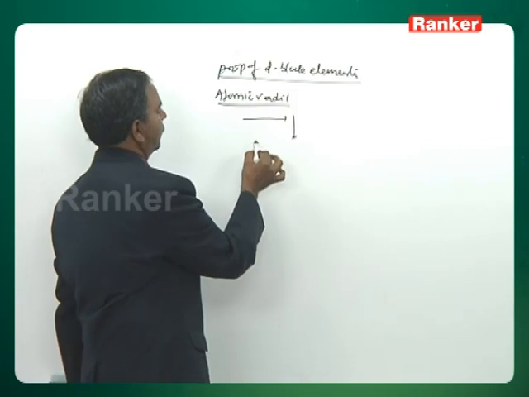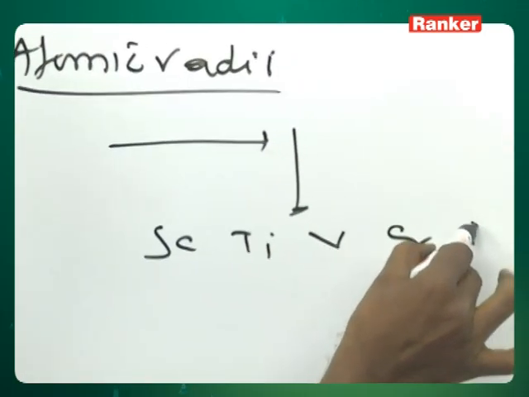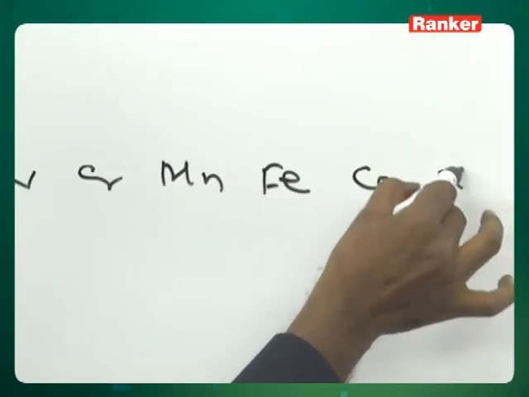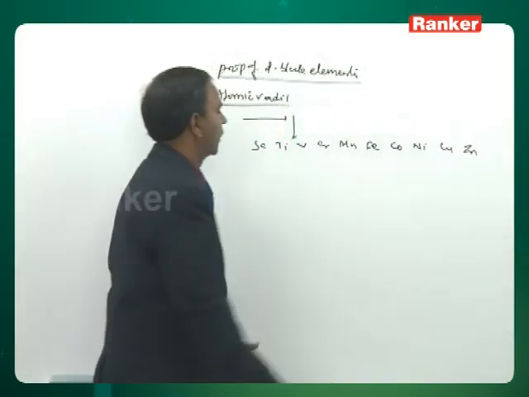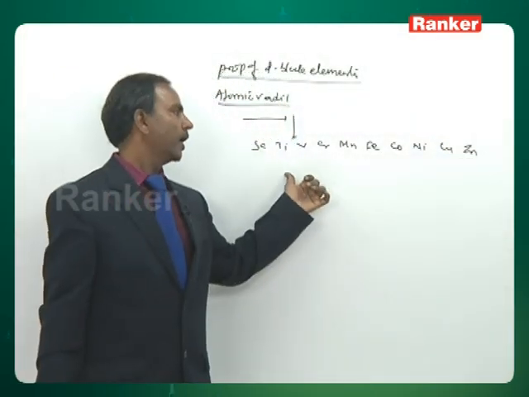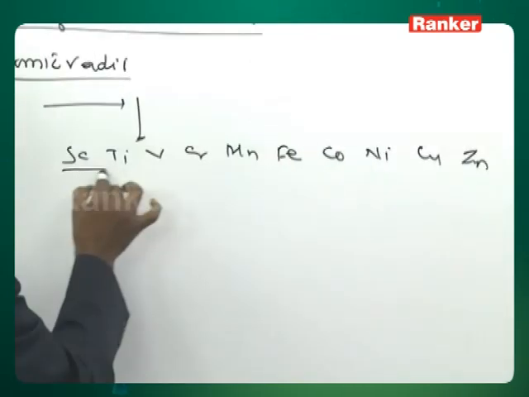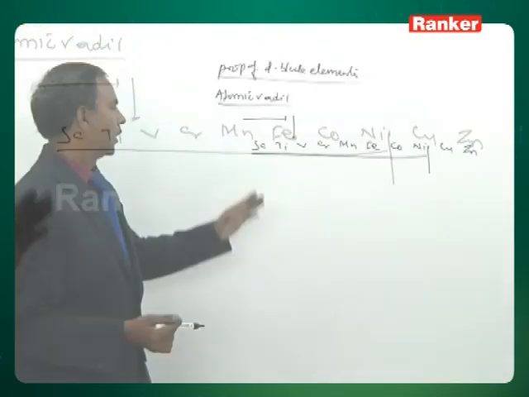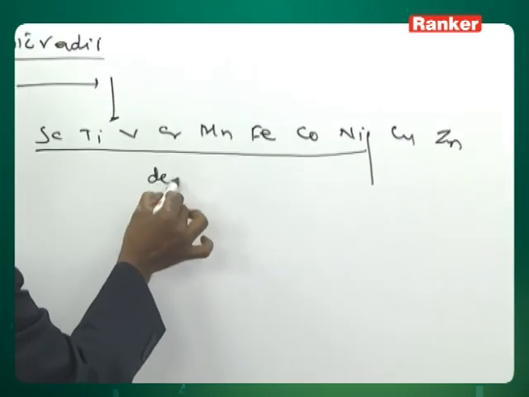Similarly here: scandium, titanium, vanadium, chromium, manganese, iron, cobalt, nickel, copper, zinc. From scandium to nickel, the atomic radii are gradually decreasing.